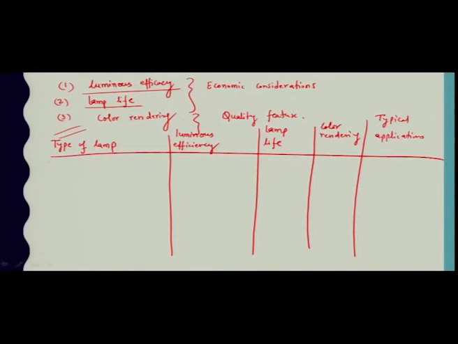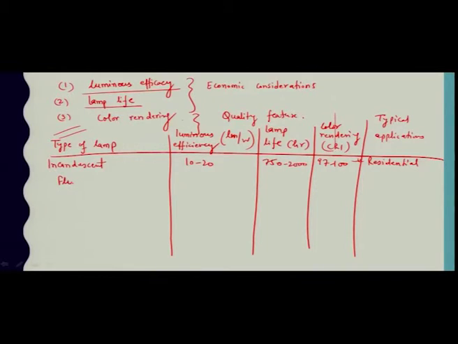So here if we use incandescent, the filament is made up of tungsten. Its luminous efficiency, expressed in lumens per watt, could be 10 to 20. Lamp life, expressed in hours, is 750 to 2000, and color rendering, expressed as CRI, is 97 to 100, and it is generally used for residential purposes.